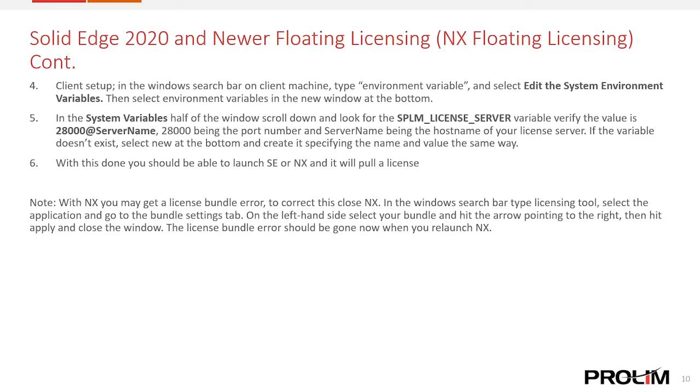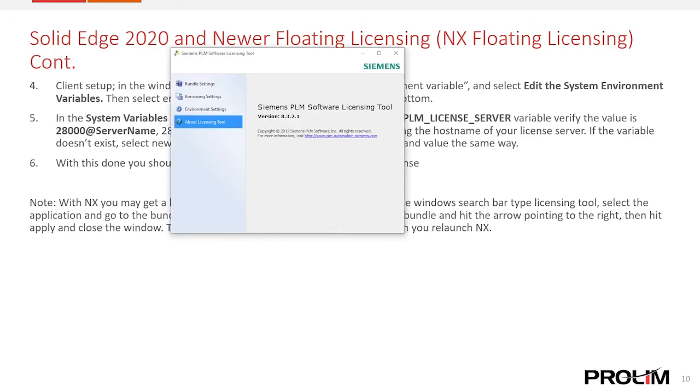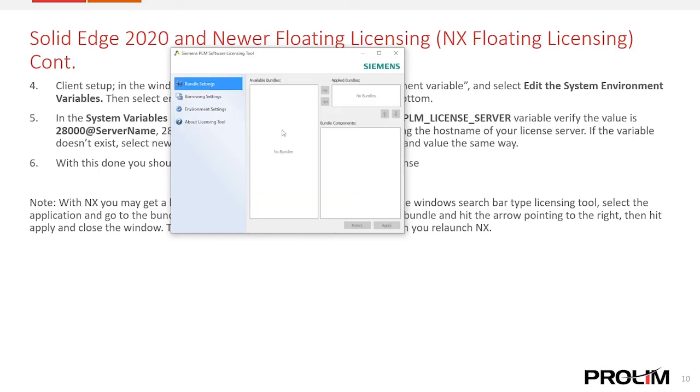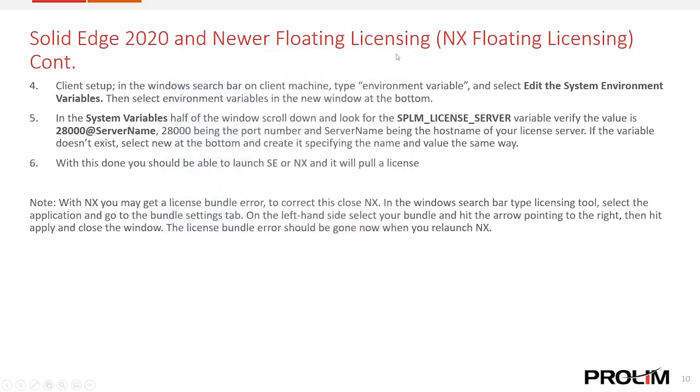Let me see here. Doesn't want to pop up for some reason. There we go. So I got my licensing tool. You go to bundle settings, and you'll have a bundle here. You just select that, click this little arrow to apply it, hit apply, close out, and relaunch NX, and you're good to go. That's all there is to it.